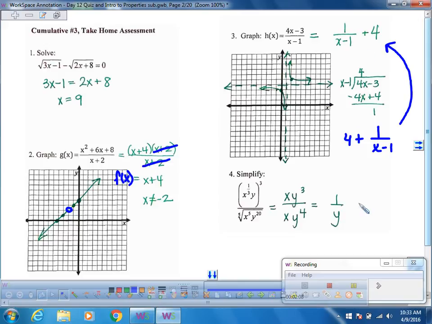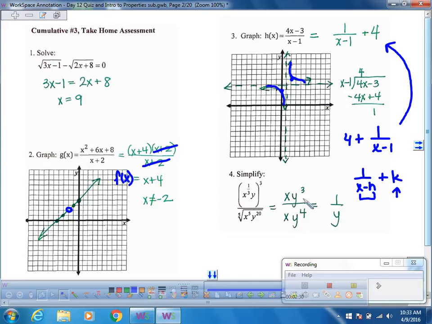This would be that 1 over x minus h, where this is your horizontal shift, plus k, where this is your vertical shift. And that's what made it shift over to the right and shift up 4, and then there was no stretch. So it just looks like this. Your graph looks like that.